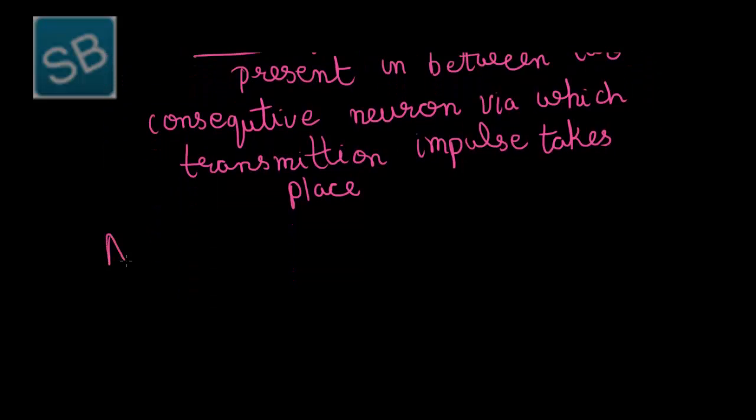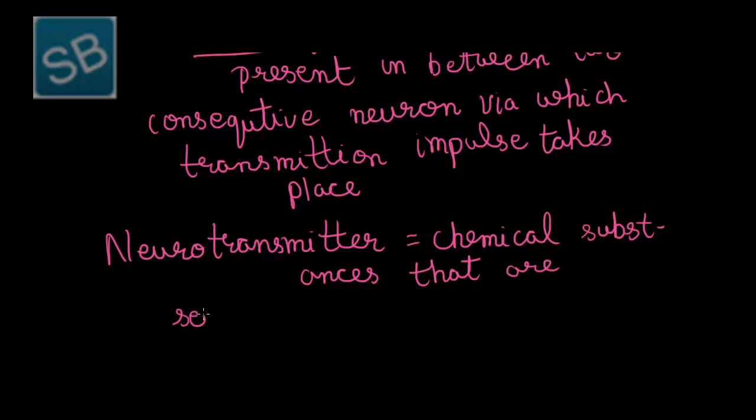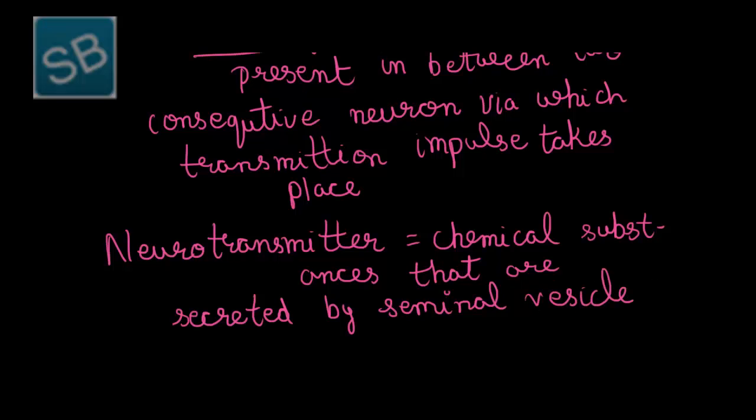Moreover, as said, neurotransmitters are the chemical substances that are secreted by the vesicles of the synaptic knob.